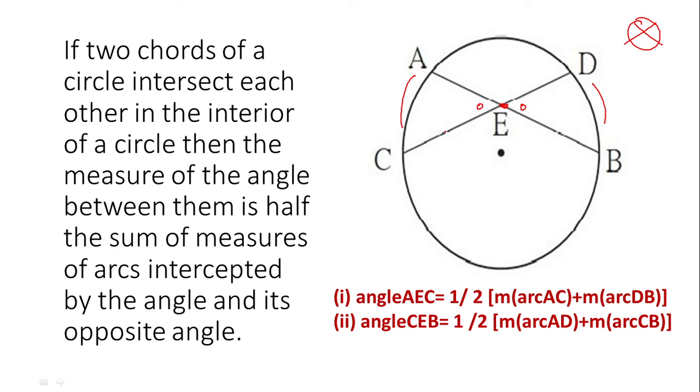For AEC, it will be half of the measure of AC plus half of the measure of BD, the opposite. And if you want angle CEB, it will be half of the measure of arc CB plus the measure of arc AD. Whenever you see an arc, or whenever you see an X in the circle, you have to go with this property.